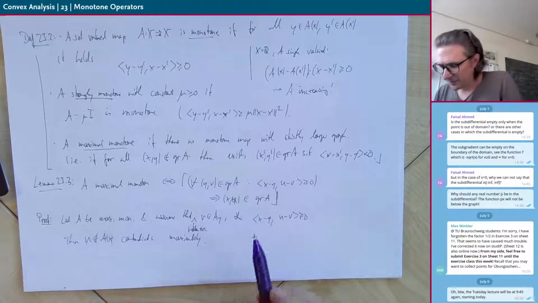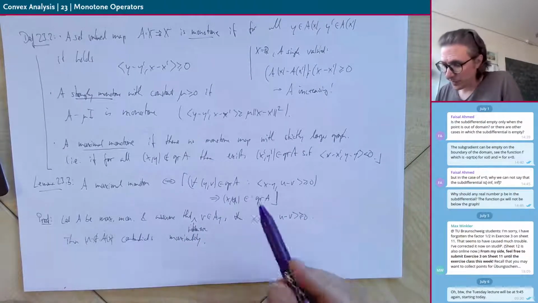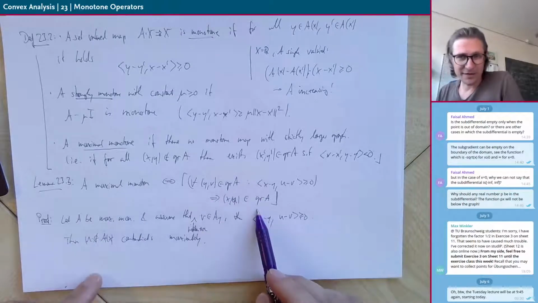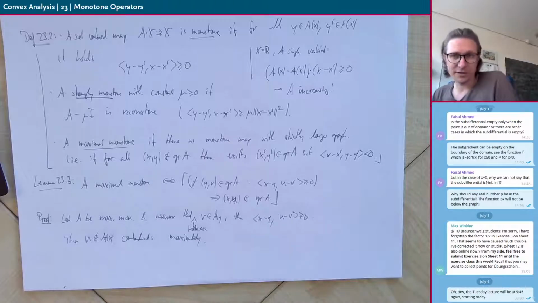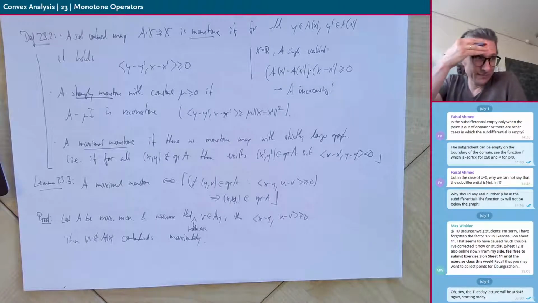Because you could add this pair to the graph, and this shows the one implication. So if A is maximally monotone, this implication has to hold. Otherwise, if it would not hold, you could add something to the graph, and you'd have a larger maximal monotone operator.